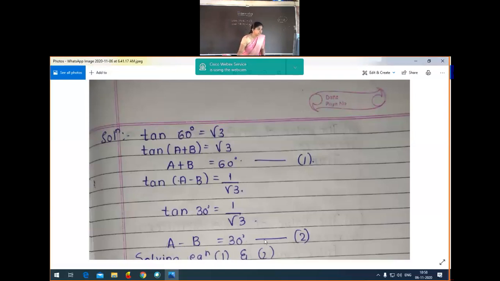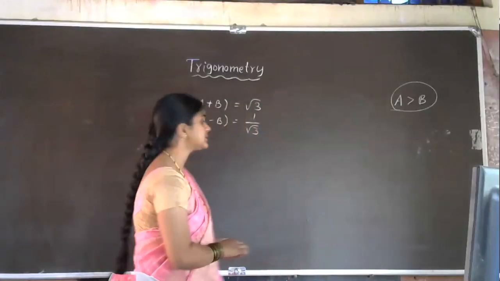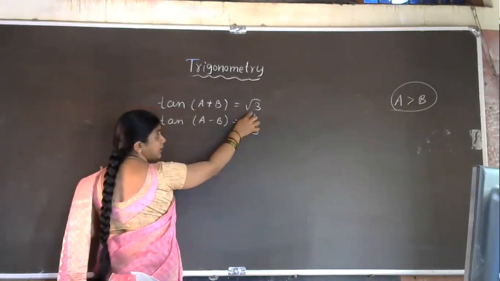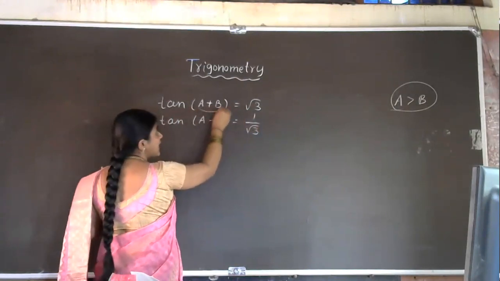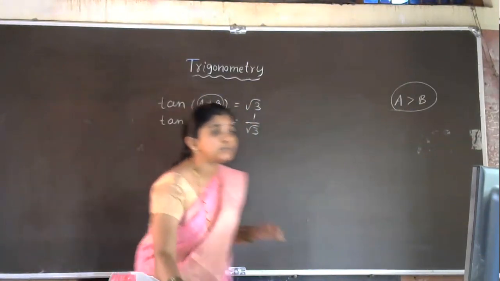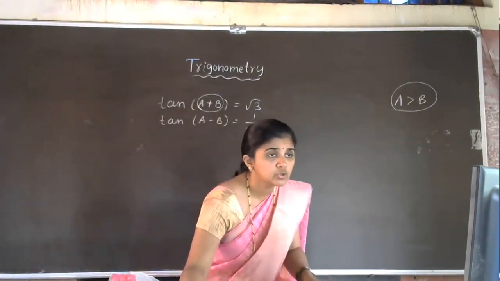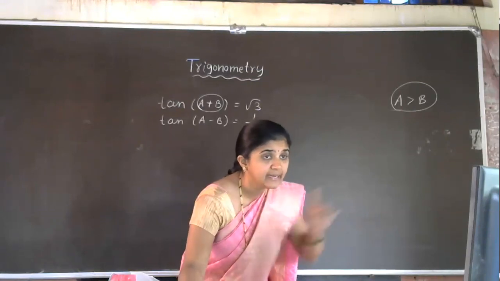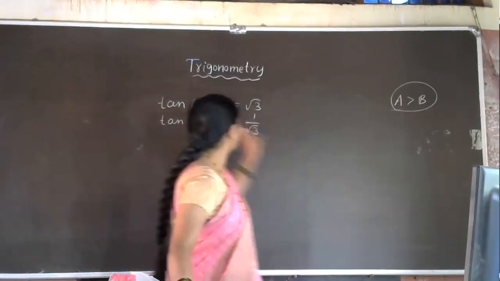So stop sharing. First I'll explain this question. Tan of a plus b is root 3, so for what value of a plus b, you just observe the table. Observe the tan line: which value of tan gives root 3?